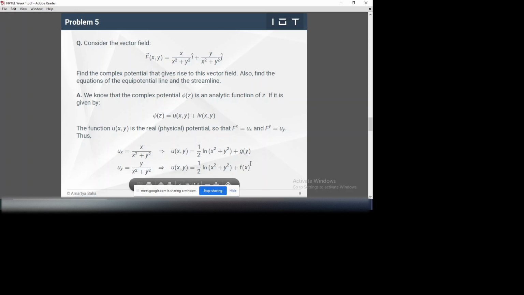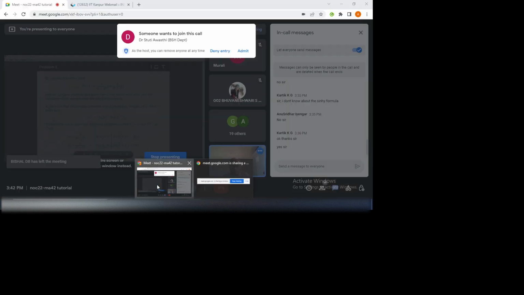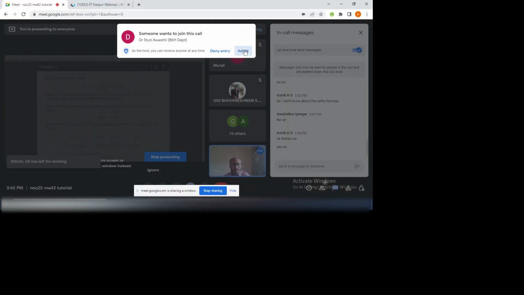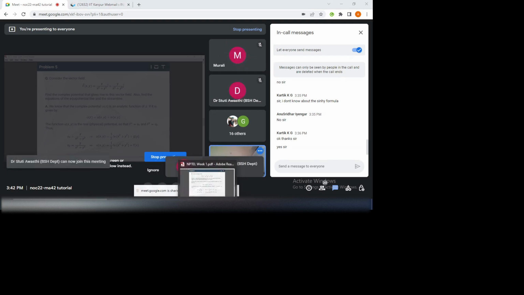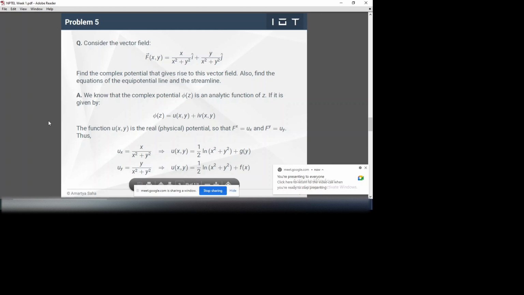Now let us compare f(y) and g(x). You see the first terms in both cases are already the same. So we are left with these undetermined things, f(x) and g(y).